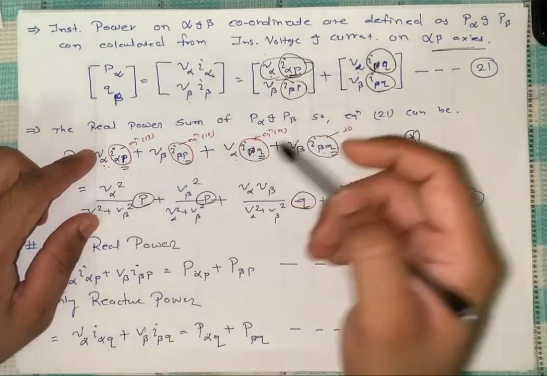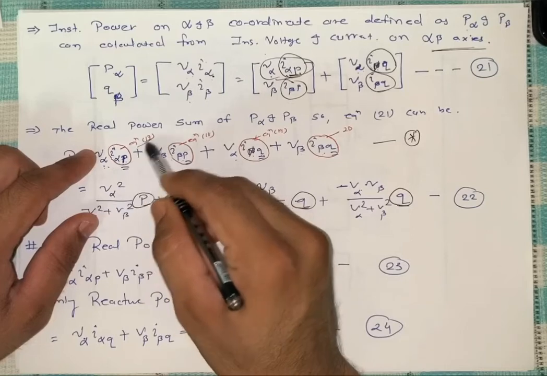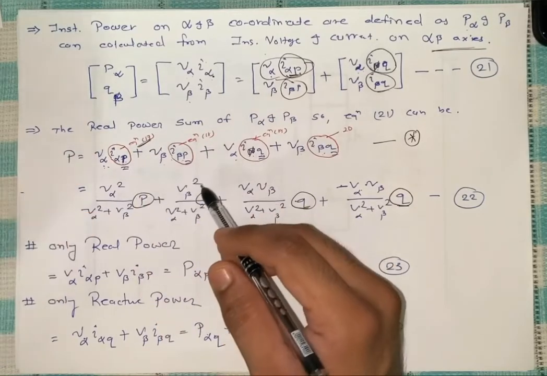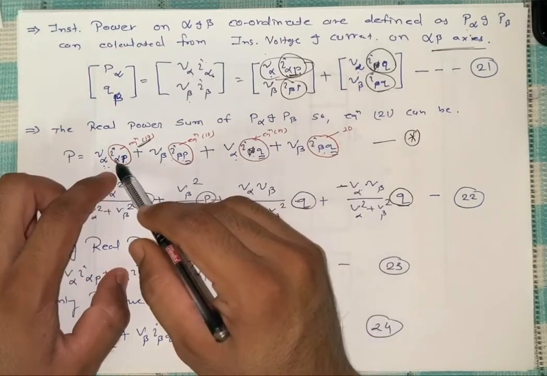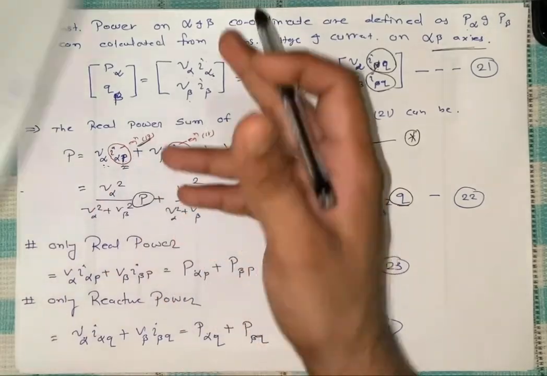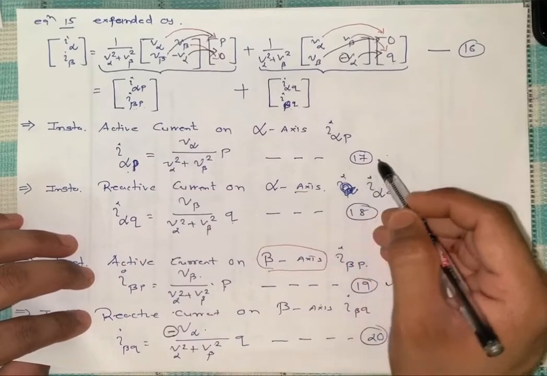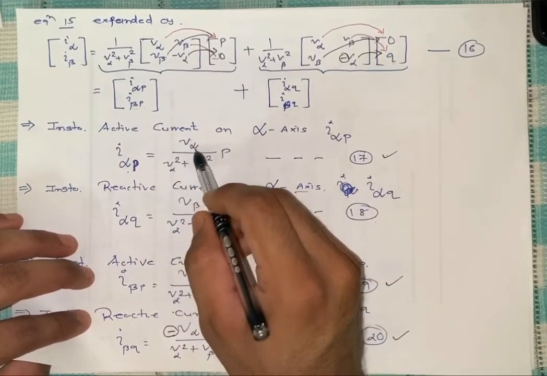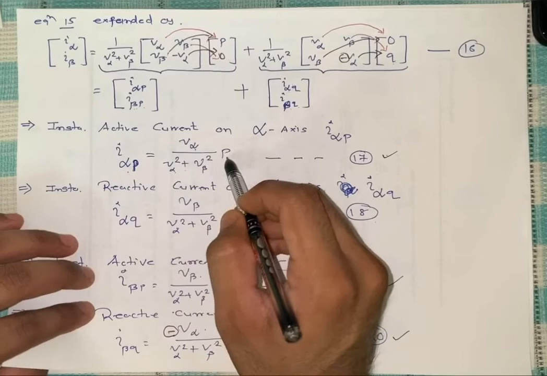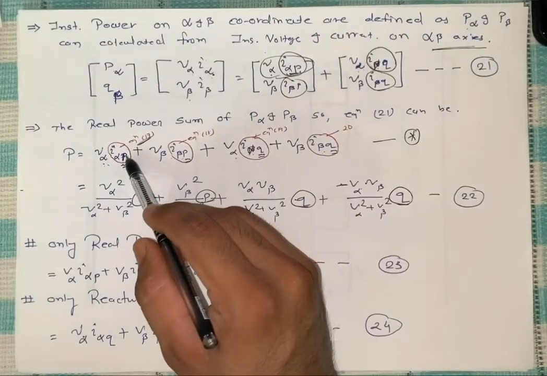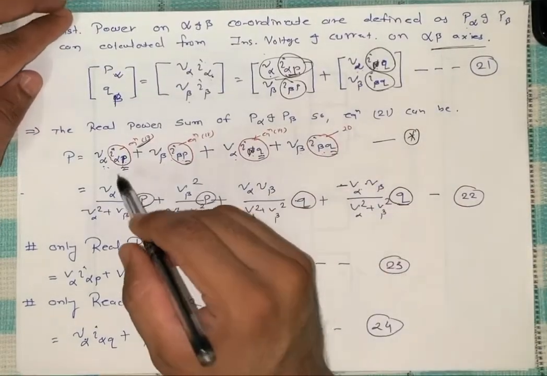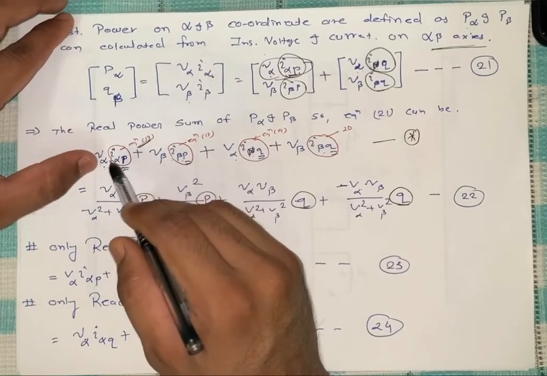But we are getting this equation in the instantaneous form of current. So that is I alpha P from the equation 17. So we can write V alpha square plus V beta square into P, the active form, because there is a P. So V alpha, we are getting that from equation 17.